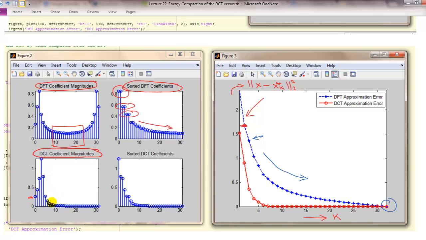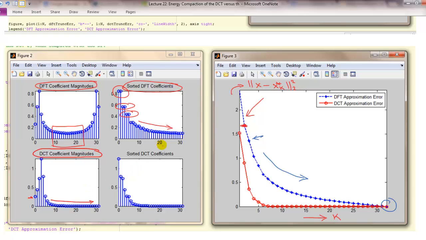But after a while, about 5 or 6 coefficients later, your coefficients are almost hitting 0. Okay? They have become really small. So just a figure like this, where you have a few large coefficients and the others are really small, tells you that that transform is doing a really good job of expressing most of the energy in your signal.